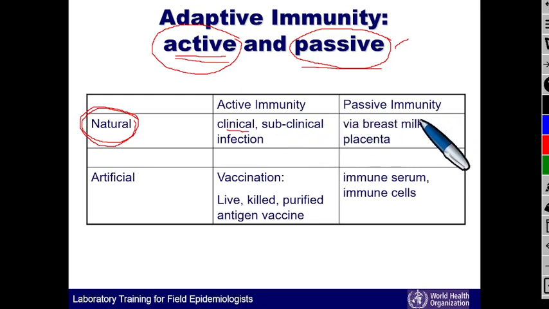And natural passive immunity: the mother's antibody passes to the suckling child via breast milk, or through the placenta.